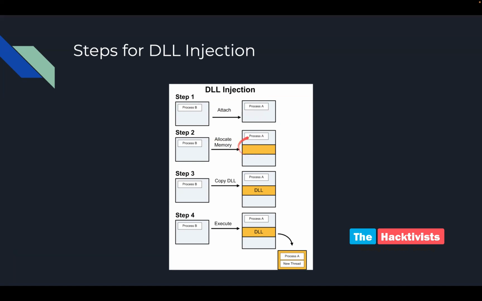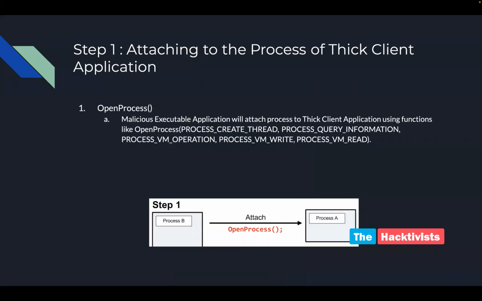We allocate memory for our malicious code, copy our malicious DLL code into that process, and execute it. Ultimately that code will be executed within the memory space allocated by that application, and the application will go forward and validate whether it is working or not.